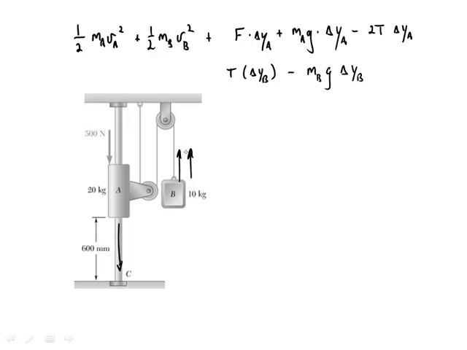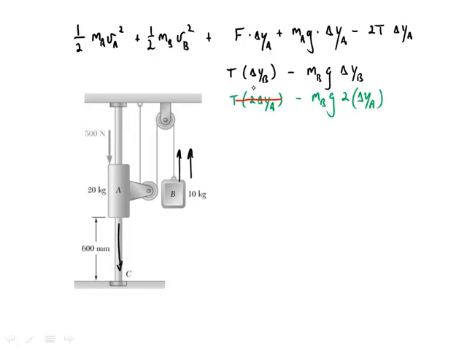And so delta y B is twice delta y sub A in magnitude. So I can rewrite this as T times 2 delta y sub A minus m sub B g times 2 delta y sub A.